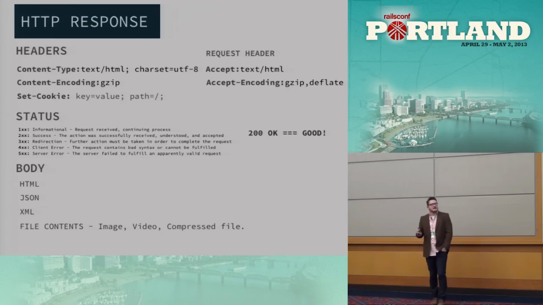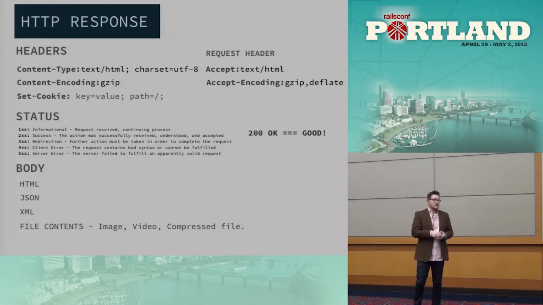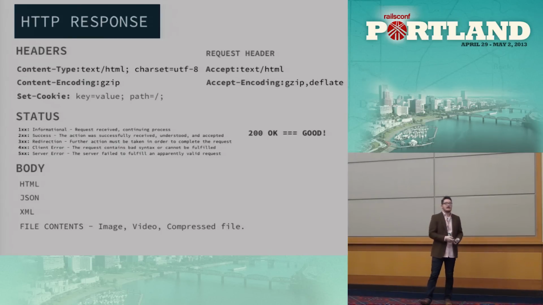The final thing you'll see is there is a body, which is essentially a dump of whatever content is coming back. If you are requesting an image, that body would be the ASCII base64 equivalent of that image. If it's HTML, HTML text; JSON will be JSON text, XML, XML text.